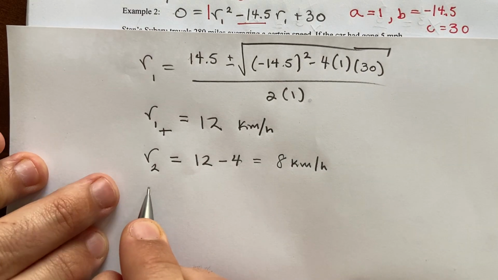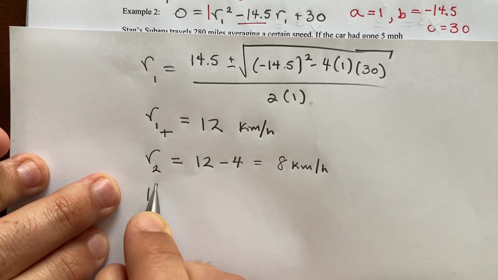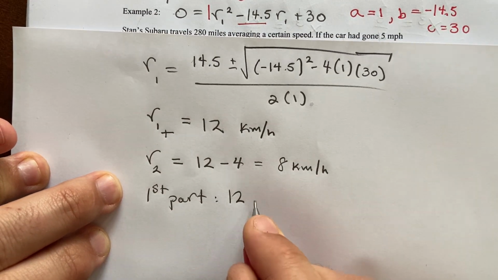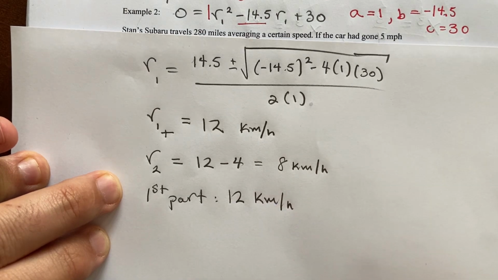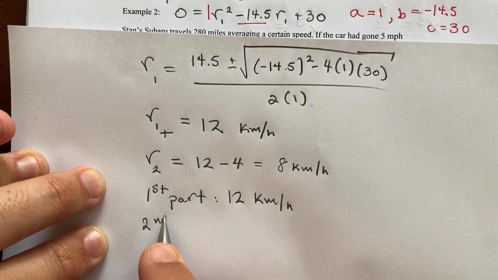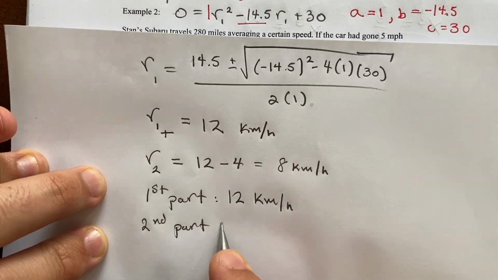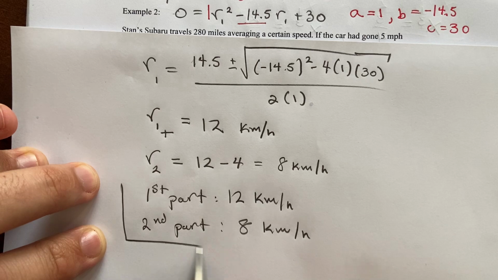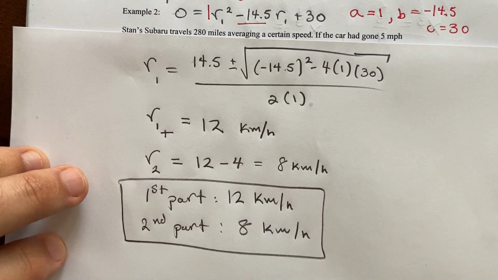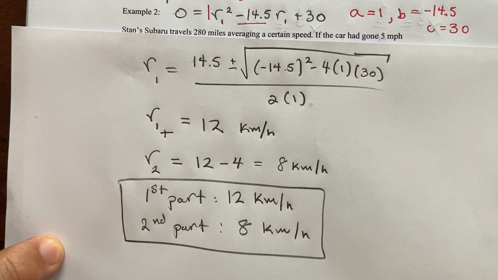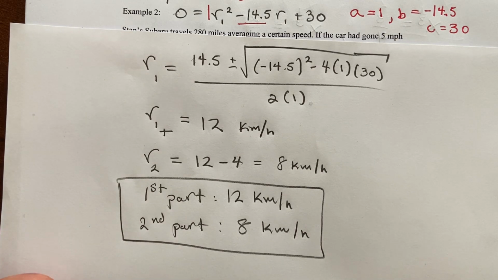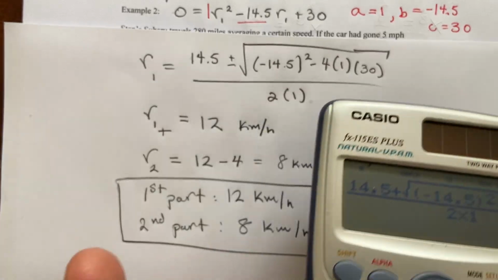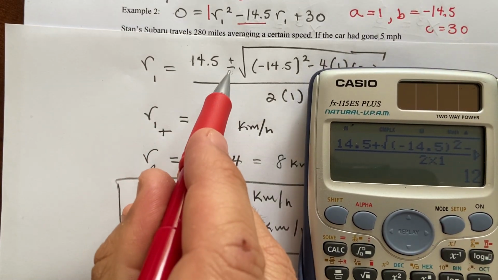So first part was 12 kilometers per hour, and the second part was 8 kilometers per hour. All right, if you check the negative, so remember I didn't check this negative case.